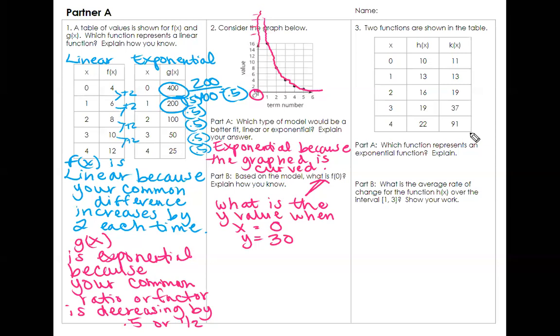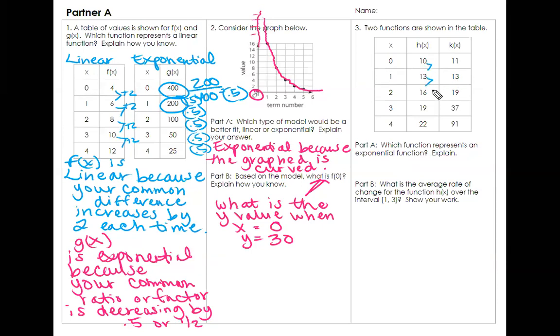Okay, so one is h of x and the other is k of x. So do you know anything about h of x yet, or k of x? No, so we need to look at what values. Those are the y values, right? So you have 2 y values. So which function represents an exponential function?